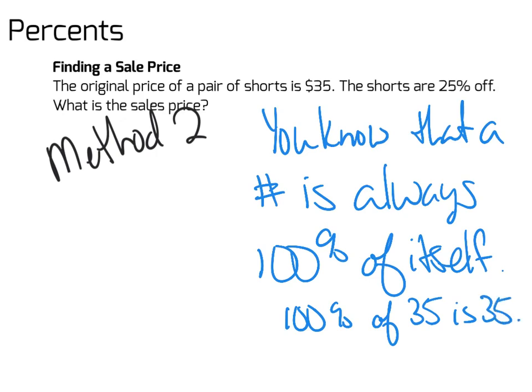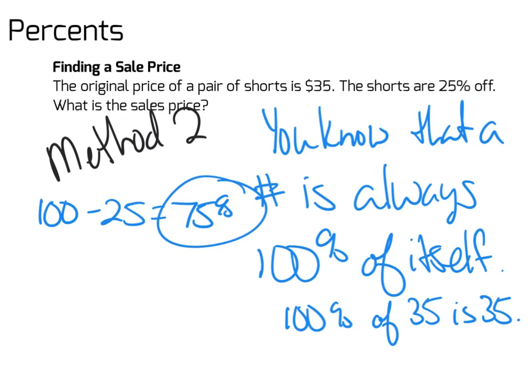So what I also know is that if I want 25% off of a number, I really want 75% of that number, because a number is always 100% of itself, and I want 25% less of it.